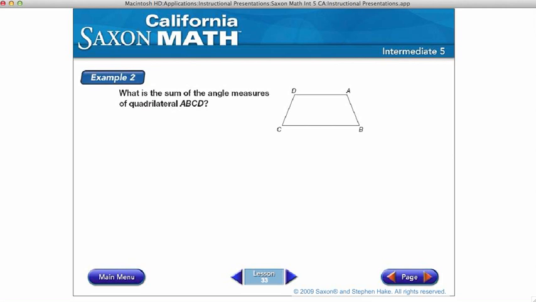Well, if I was to take this quadrilateral and divide it into 2 separate triangles, I know that the sum of my angles in any triangle is 180 degrees.